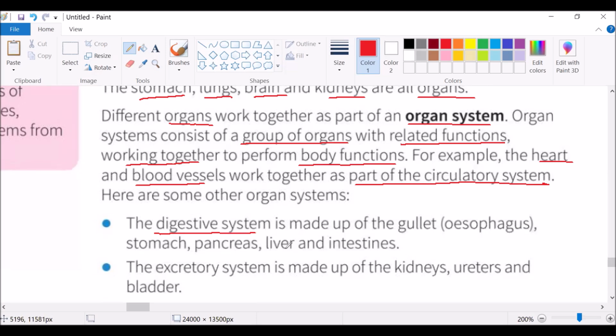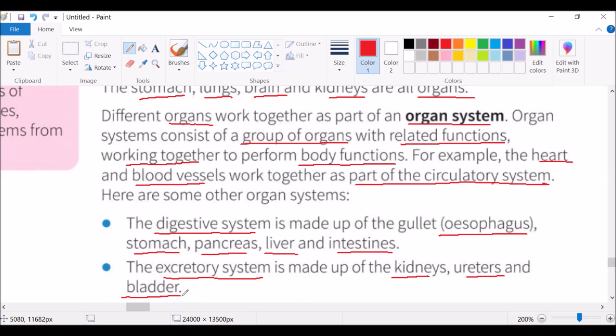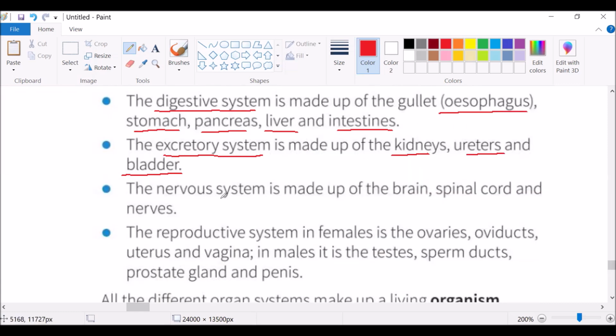The digestive system is made up of the esophagus, stomach, pancreas, liver, and intestines. The excretory system is made up of the kidneys, ureters, and bladder. The nervous system is made up of the brain, spinal cord, and the nerves.